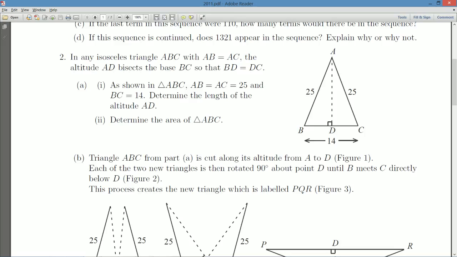As shown in triangle ABC, AB equals AC equals 25, and BC equals 14. Determine the length of the altitude AD. Determine the area of ABC. Once we have the altitude, we have the base. We'll use 1/2 base times height, and we'll figure out the area of ABC.